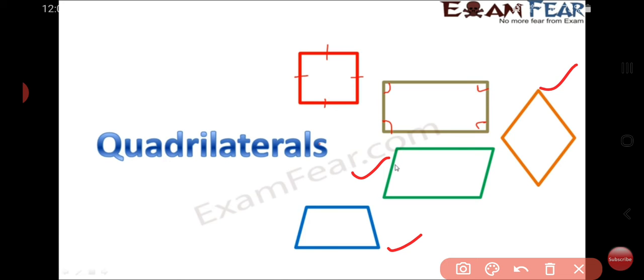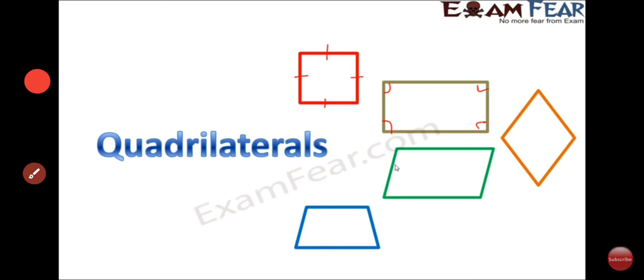But what is the difference between a square and a rectangle? A square has all four sides equal, and a rectangle has all four angles equal, but opposite sides are parallel and equal. Understand? In a rhombus all four sides are equal and opposite angles are equal.